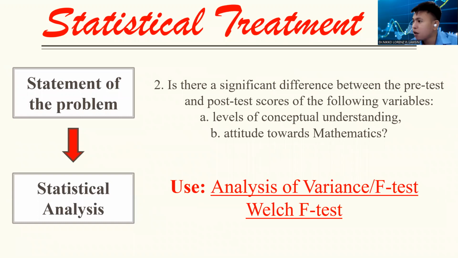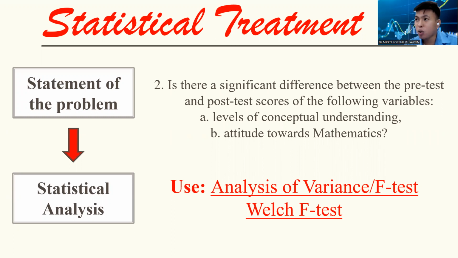F-test is used if you have three or more data, or two or more data. The F-test is more versatile as compared to the t-test, but it observes at least two assumptions. There must be homogeneity of variance, and your scores are normally distributed.